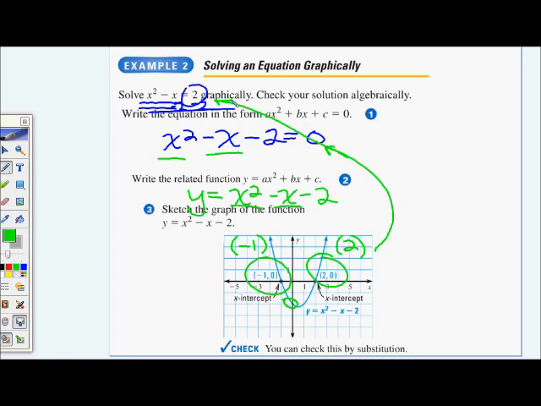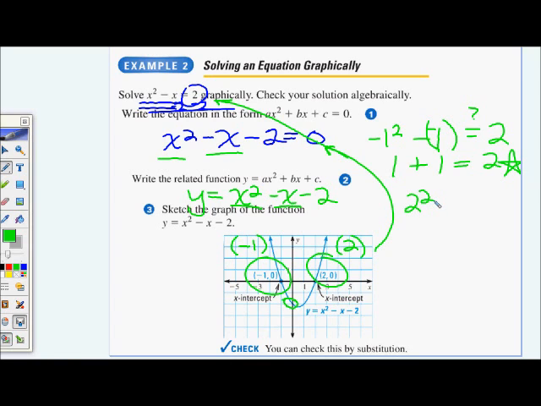So as I go to -1 squared minus -1, that is supposed to equal 2. So a negative 1 squared is 1, minus a negative 1 is 1, and so yes, that does work. Now let's go ahead and try our other point, 2, 0.